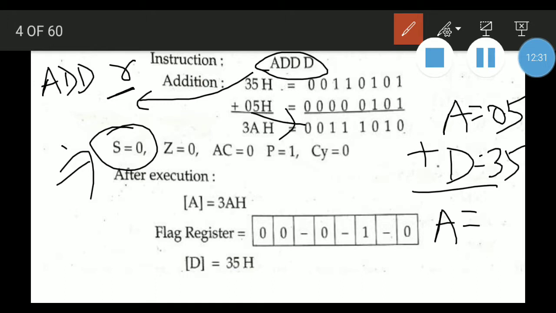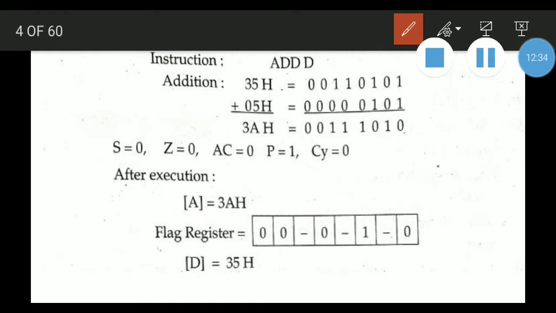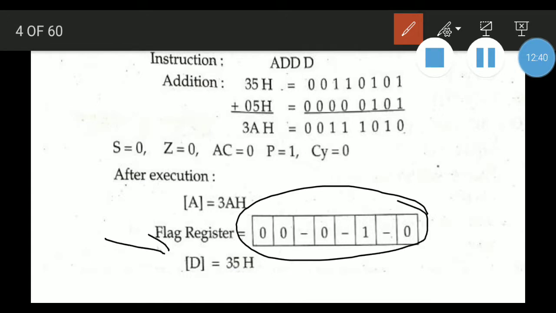Okay students, understood? Now the content of D, here I have to write the content of A. A will have 3A.